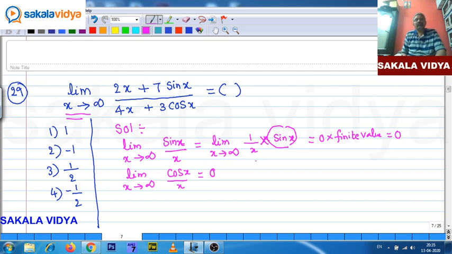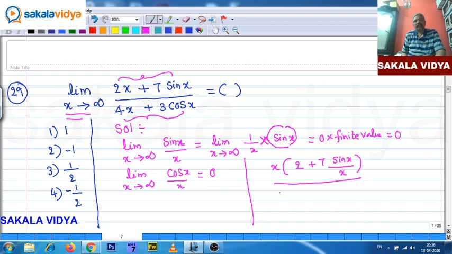Now let us come to the problem. Here, solution: take x common out from the numerator, and x common out from the denominator. So we get like this, x is taken out, 2 plus 7 times sin x by x. In the similar manner, if you take x common from the denominator, we get 4 plus 3 cos x by x.